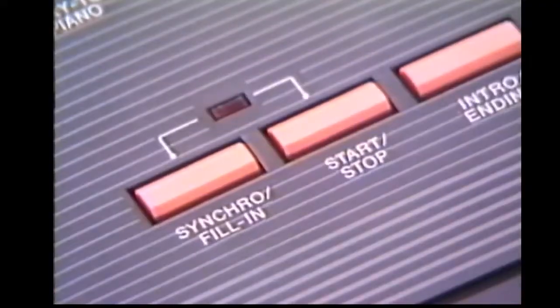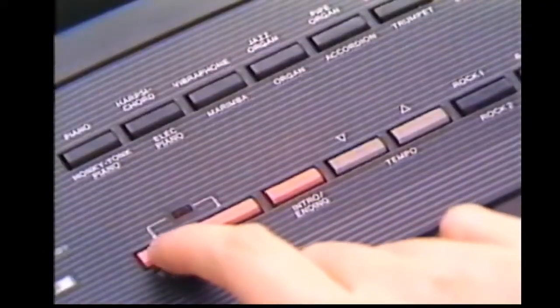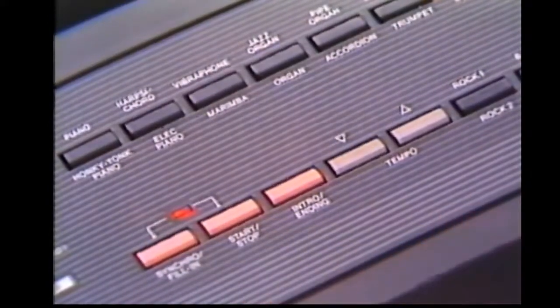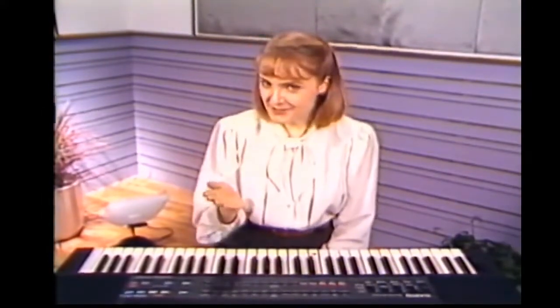Then, press the synchro key and we're ready to start. I'll play the piece first, so watch carefully. After I've played it, then you can play it and practice until you master it.